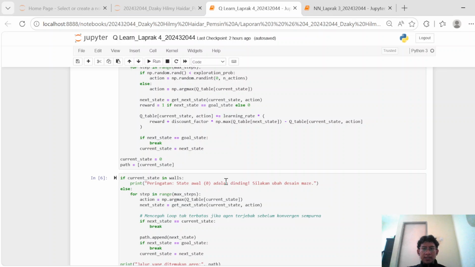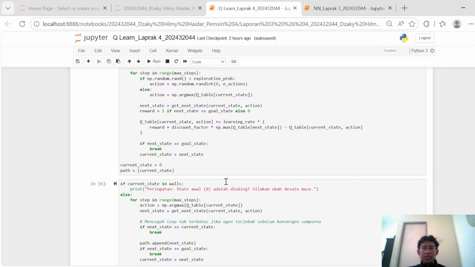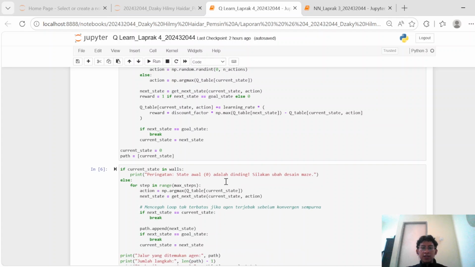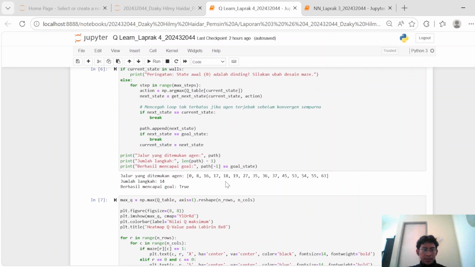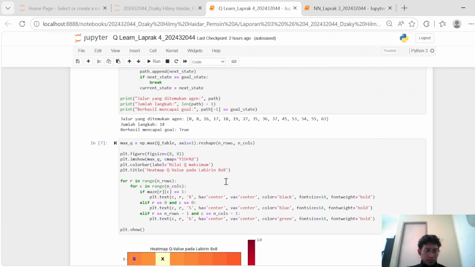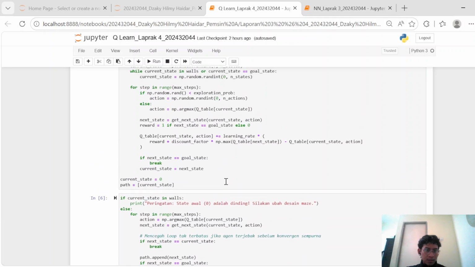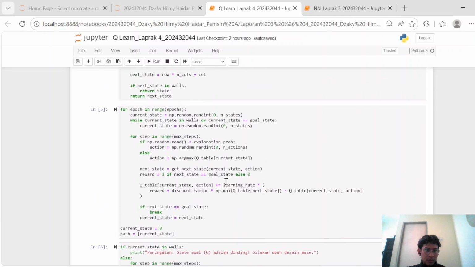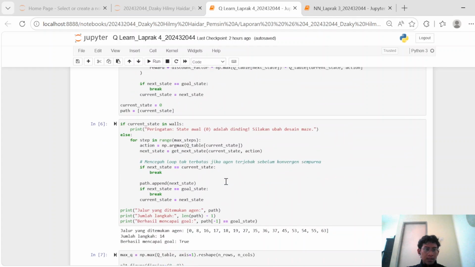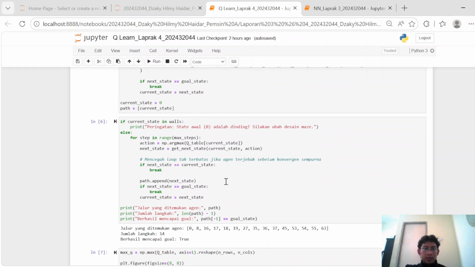Because we expanded the maze to 64 states, we increased the training cycles to 3000 episodes, and allow a maximum number of steps per episode.